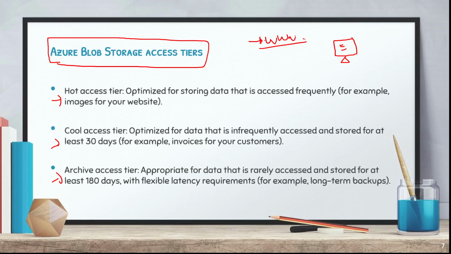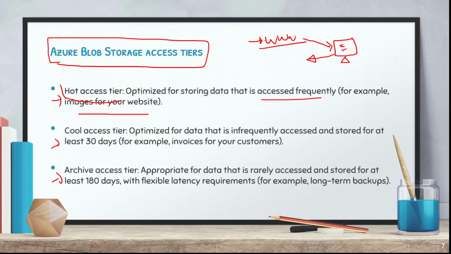If they want to download the file from your server, you should choose the hot access tier, because you want your users to get your files in minimum time. Here the data is accessed quite frequently, so that's why you use the hot access tier.